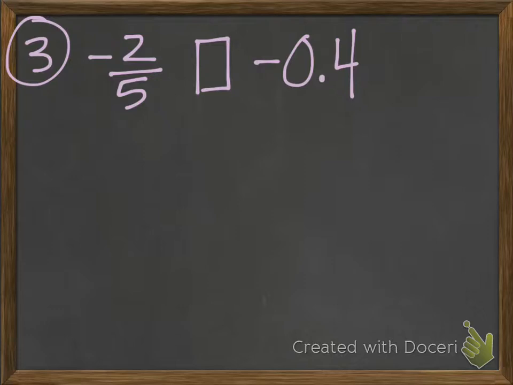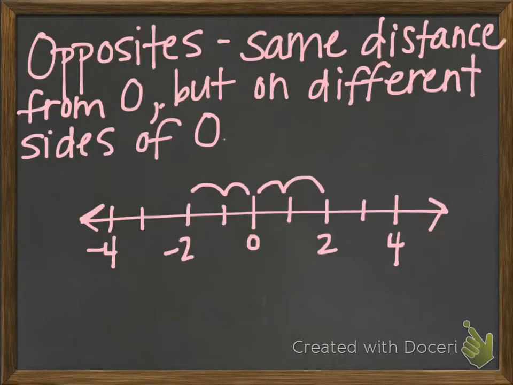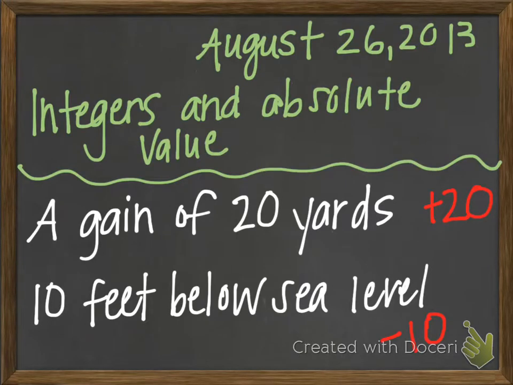Okay, you should have that in your notes, so let's quickly recap. In your notes section, you should have integers and absolute value at the top. You should have an example of a gain of 20 yards is a positive number, and then 10 feet below sea level equals a negative number.